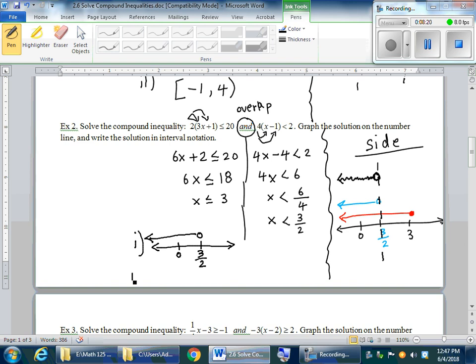Interval notation is always written from the smallest value to the largest value, so it'll be negative infinity to 3 over 2. Negative infinity is always a parenthesis, and since 3 over 2 is not inclusive, we use a parenthesis there also. That will be my answer.